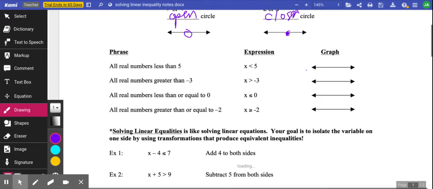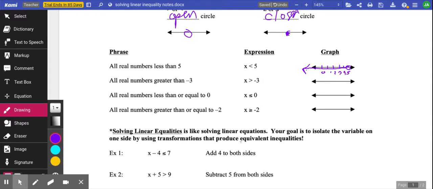I'm going to start at 0, 1, 2, 3, 4, 5. Then we have to have an open circle because this is just less than, so an open circle on 5. And we draw an arrow going that way to indicate that it's all numbers less than 5.